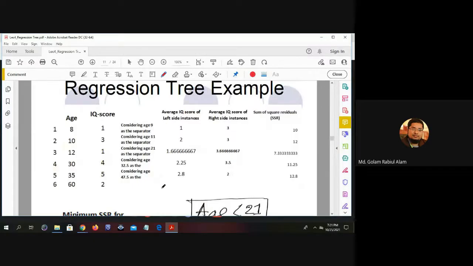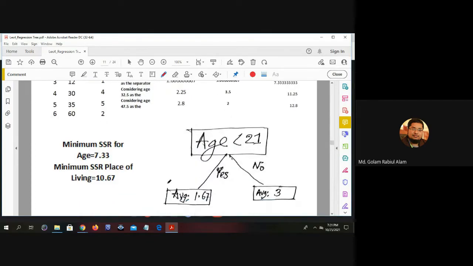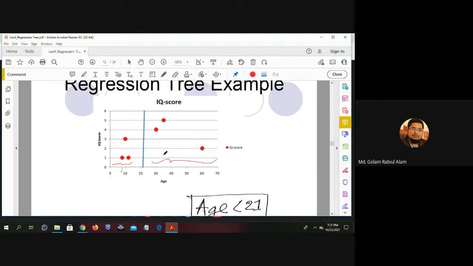Okay. Then what do we have to do now? We have to expand now. Expand. So that means what we have to consider after that. For that, this is 21. This one will partition our total data set into two parts.